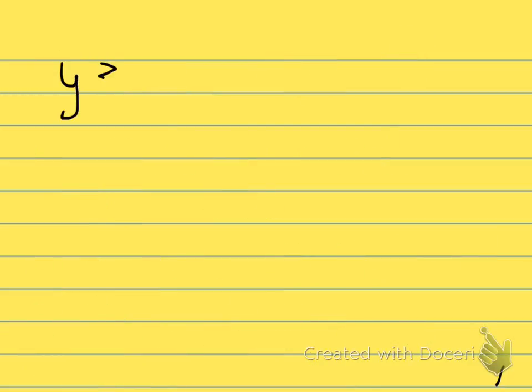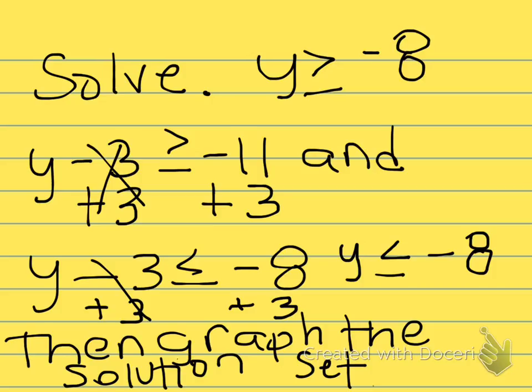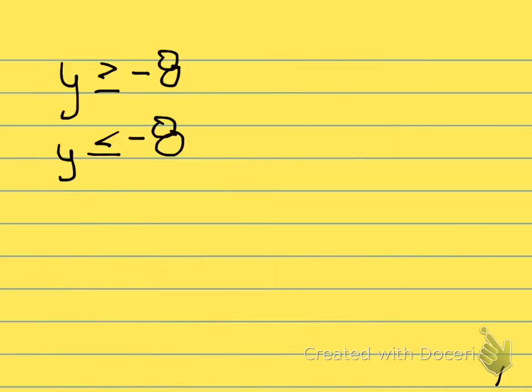So we have y is greater than or equal to negative 8, and y is less than or equal to negative 8. Oh, whoops, I made a mistake. It would be negative 8 plus 3, so that would be negative 5. So y is less than or equal to negative 5. So these are our two answers.